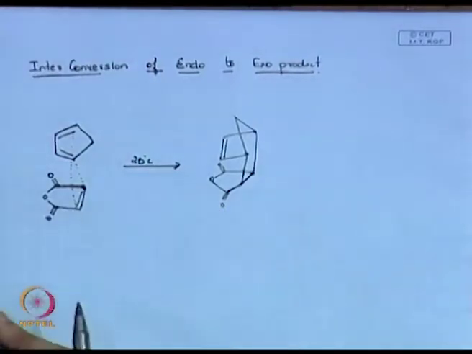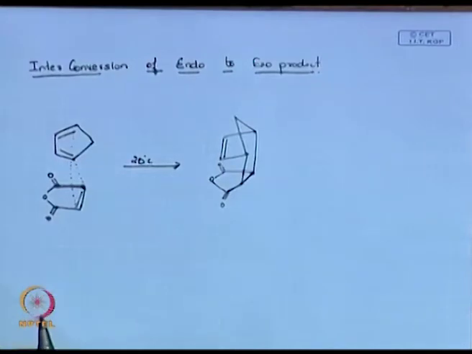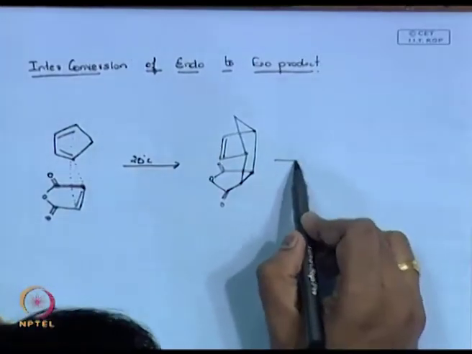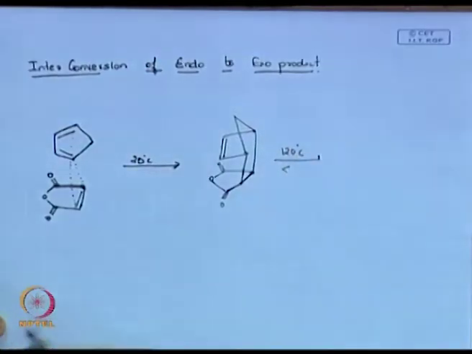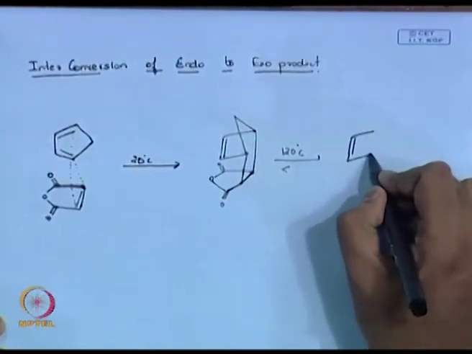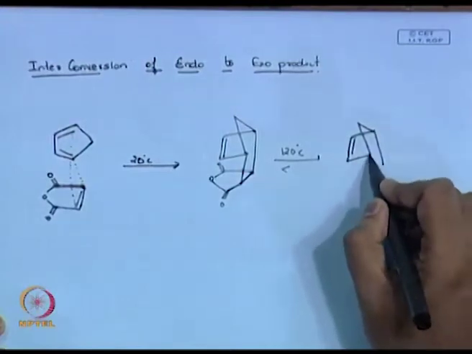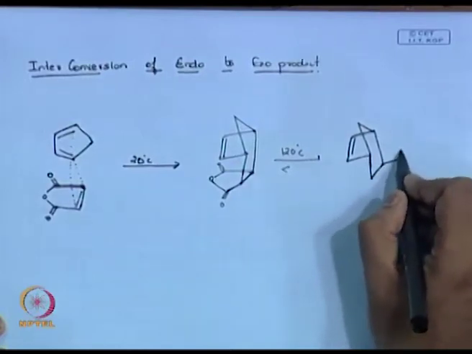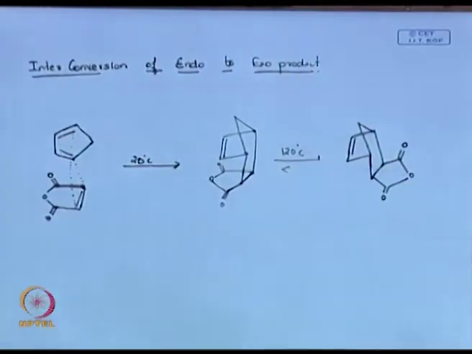If I take this reaction and just do it at 20 degrees Celsius, as in the earlier case we said that we have a secondary orbital interaction. So, the reaction will give me the endo product. Now, once you get an endo product, if you take the product and heat it to 120 degrees Celsius, the interesting fact occurs that you end up with an exo now.